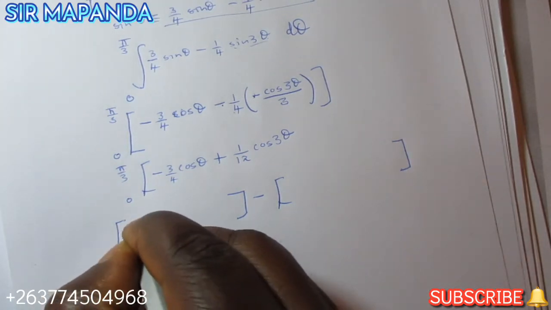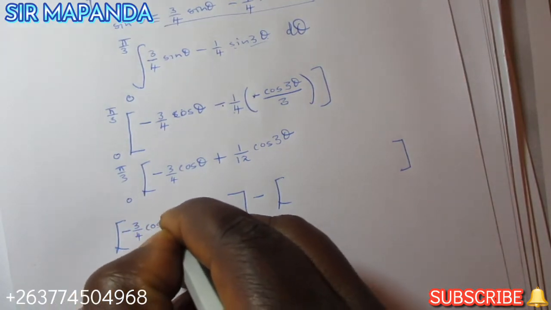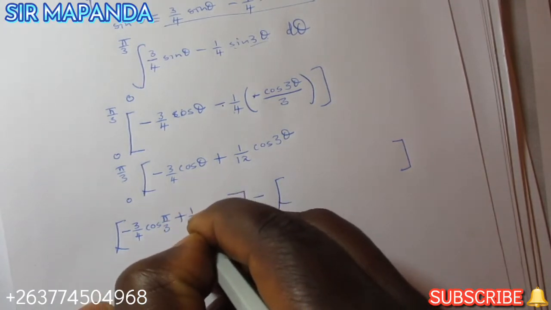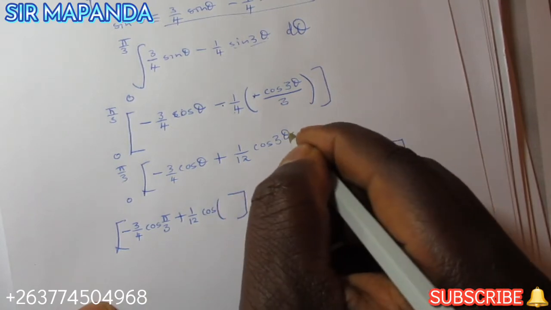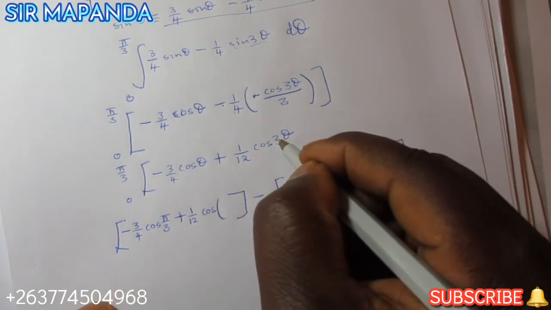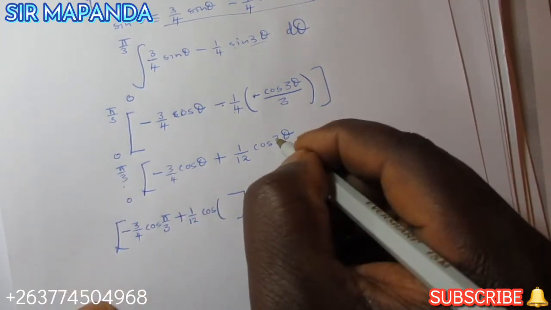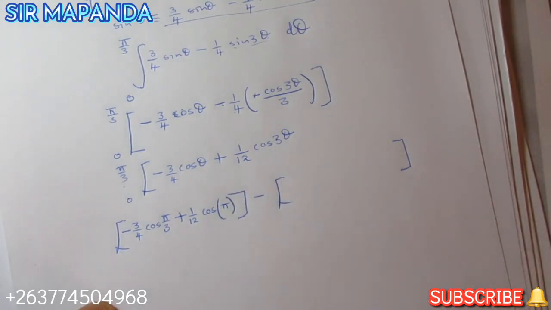So we now have minus 3/4 cos pi over 3 plus 1/12 cos. Since we have 3 theta, it means 3 is going to multiply pi over 3. So if 3 multiplies pi over 3, you'll be left with pi, since the 3's cancel out each other.